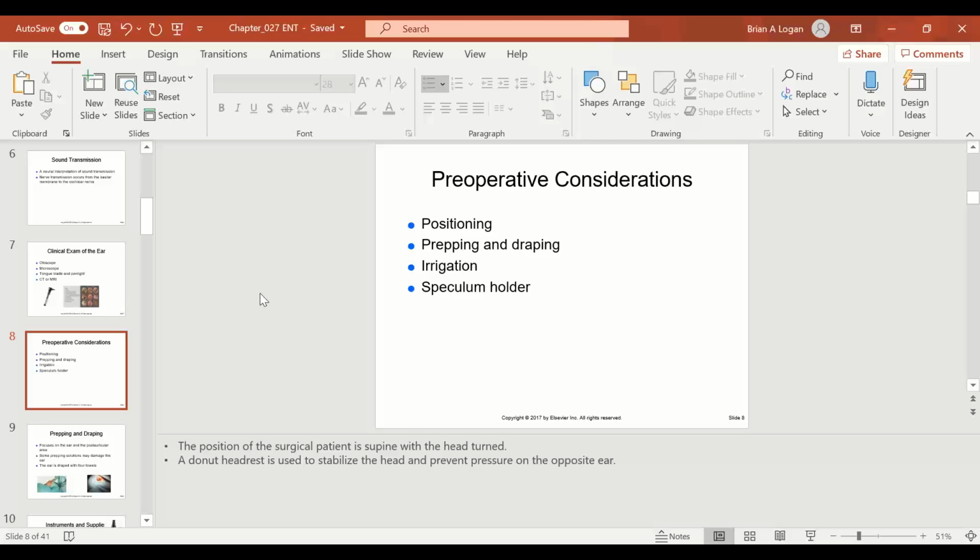So there may be very minimal draping. But with that said, when working on the nose, doing septoplasties, or working in the mouth, we may put on a head drape on the patient.